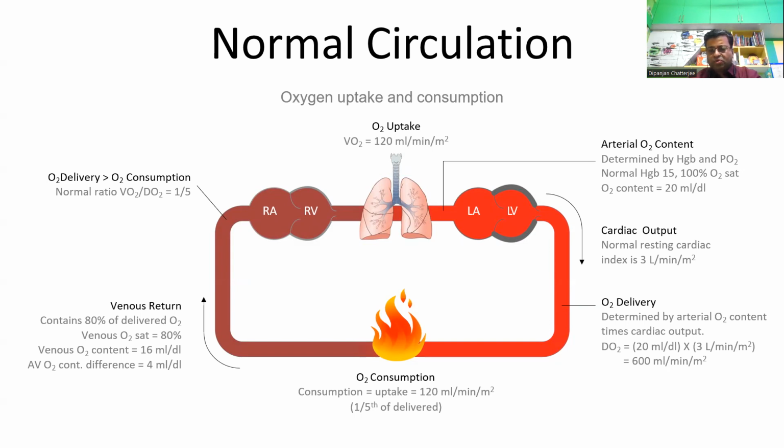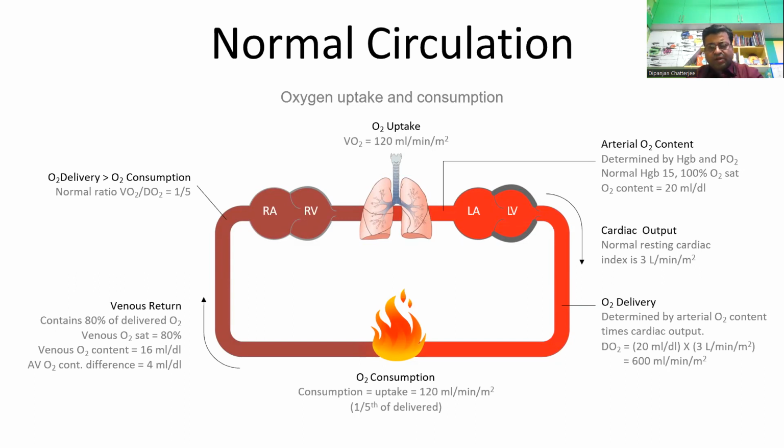So the net oxygen delivery is approximately 20 into 3 liters per minute per meter square, that is 600 ml per minute per meter square.